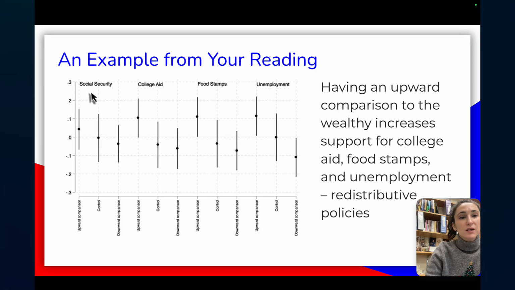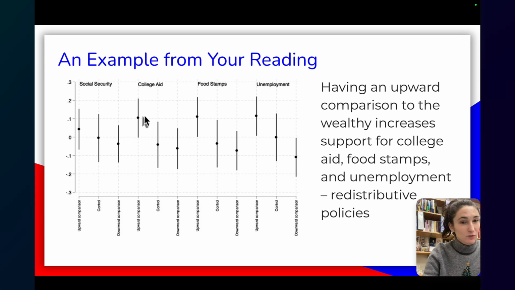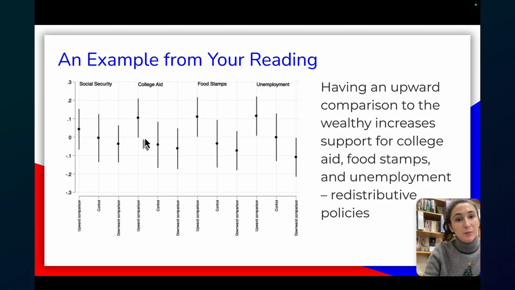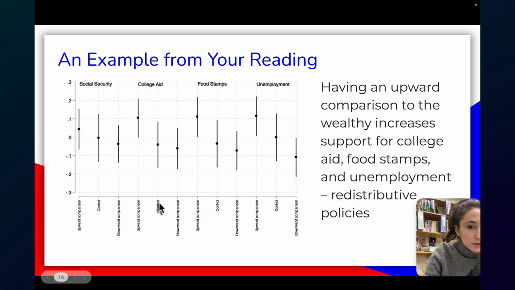But then they also did it, if you look here, there's Social Security, college aid, food stamps, and unemployment. When people were asked to do the upward comparison to the wealthy, you can see that for college aid, food stamps, and unemployment, I know you might be having trouble reading this graph, but just to give you a hint about what it's about, when people were asked to do an upward comparison, as opposed to a downward comparison, you see that they go upward comparison, control, downward comparison, upward, control, downward.